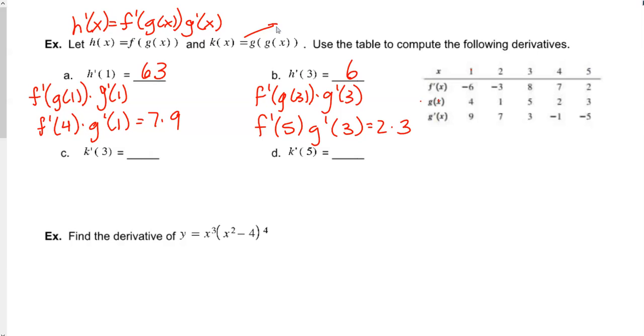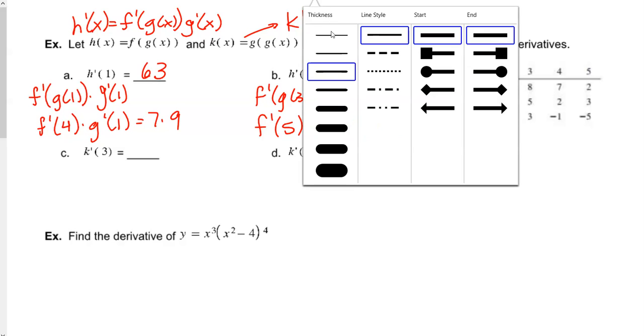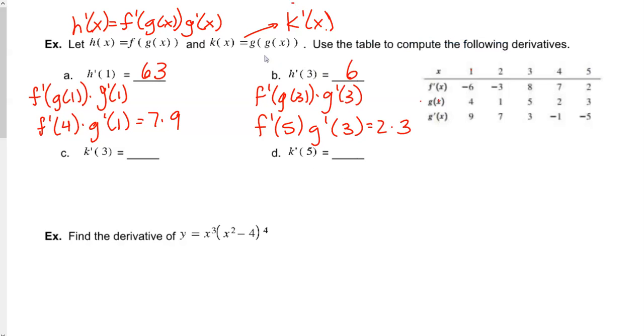That is the function k. So if I'm looking for k prime of x and it's a composite function, then that means that I need to take the derivative of the outside function, which is going to be g prime of g of x, and then take the derivative of the inside piece, which is multiplying by g prime of x.